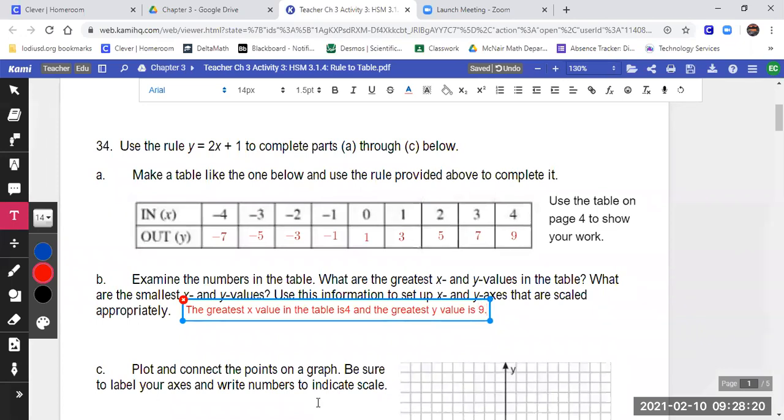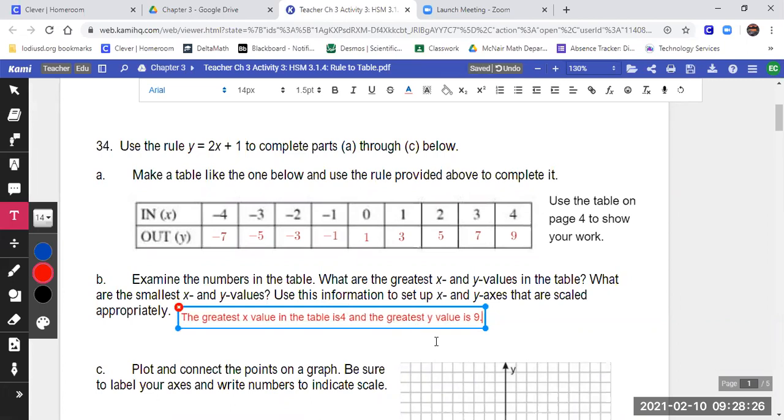Okay, then it asks, what are the smallest X and Y values? Okay, so now we're going to add in the smallest. So the smallest X value is, and they usually do a little dash between these, so I'm going to go put the dash in.